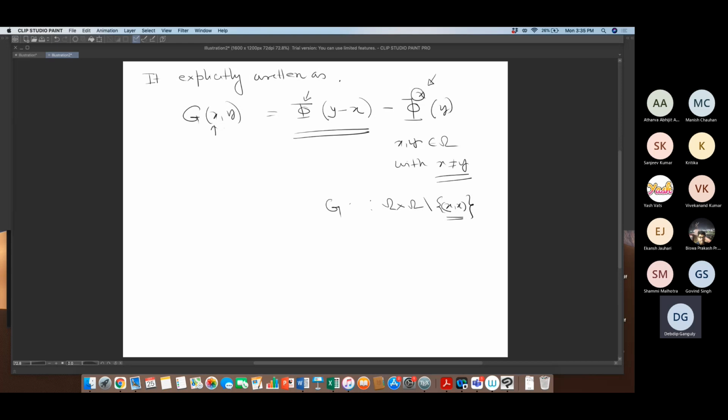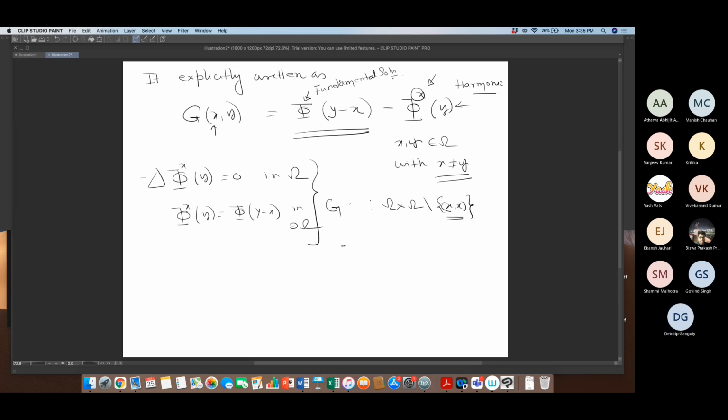And what is phi? You know explicitly what phi is. Phi is the fundamental solution, and this is the harmonic part. This is a harmonic function satisfying some boundary condition, that is Laplacian of the corrector of x,y equal to 0 in omega, and phi of x,y equals the corrector on the boundary del omega.